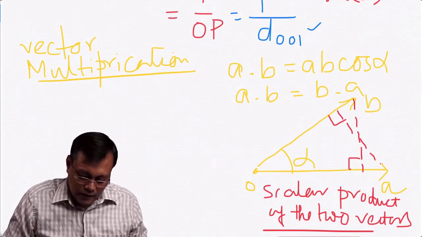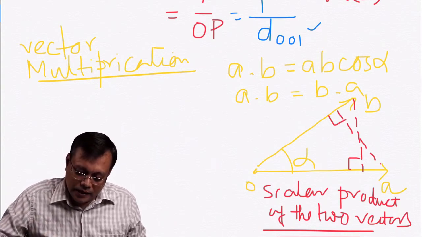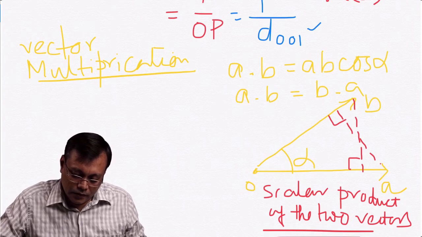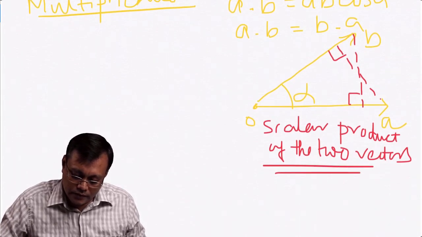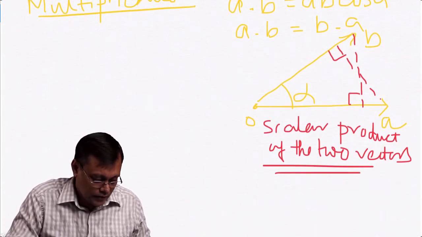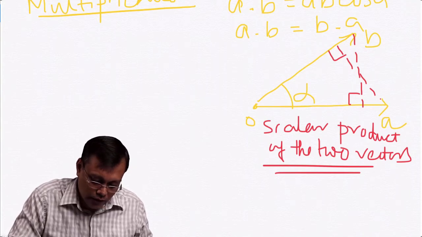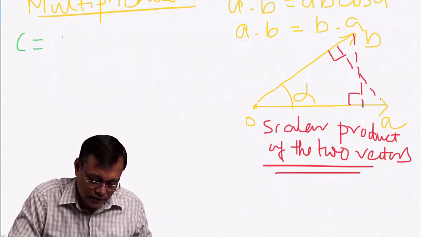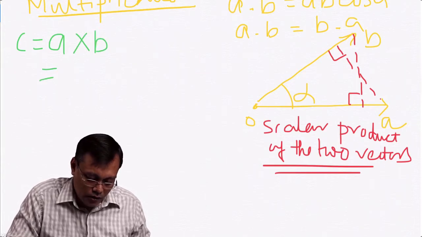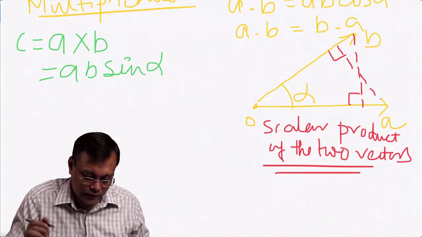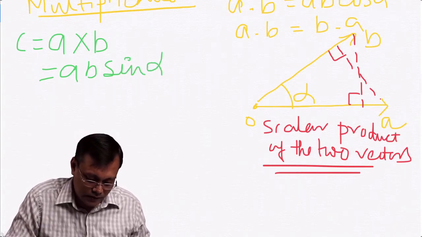Now, in a very similar way we can try to visualize the cross product. The cross product basically means C is A cross B, or A into B sine alpha. How does it happen?